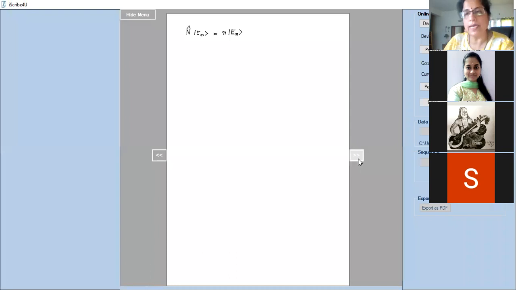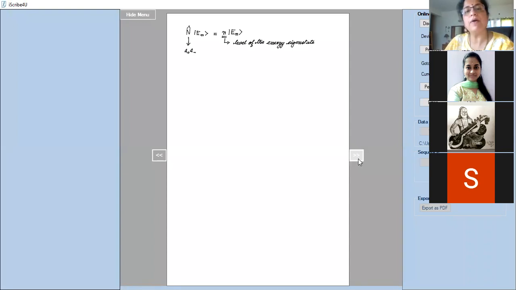So what is it doing actually, this operator? This is this a plus a minus. It is giving you n, which is the level of the energy eigen state. Correct?